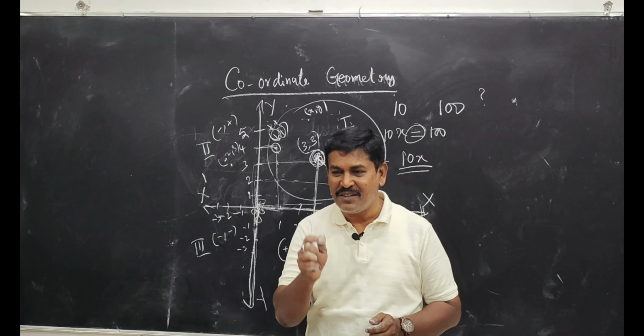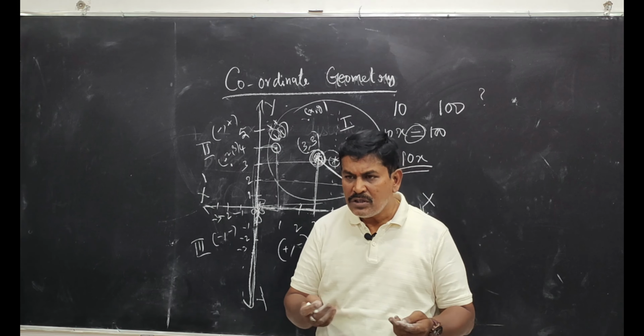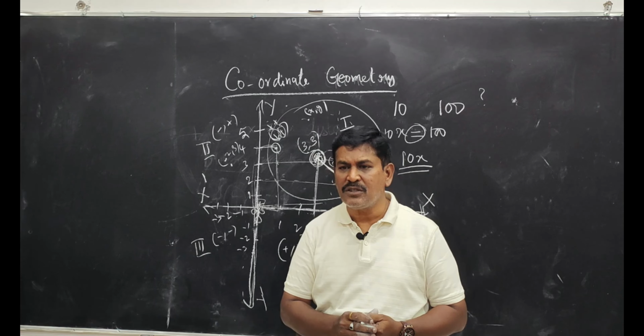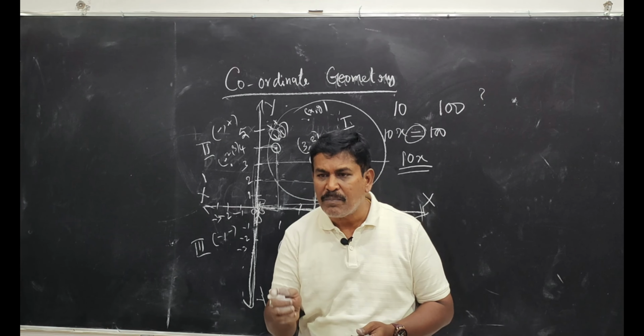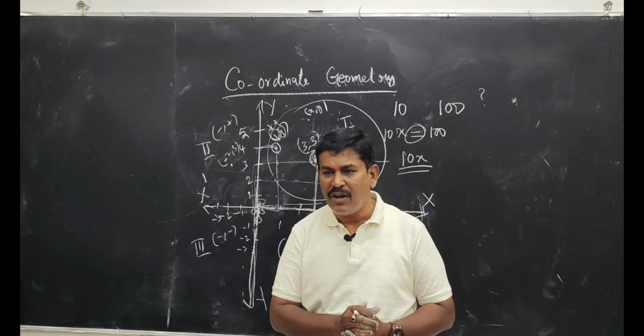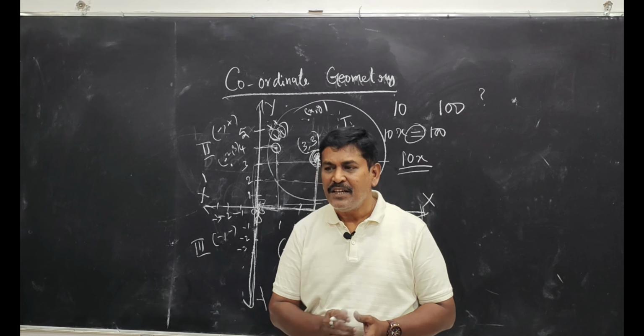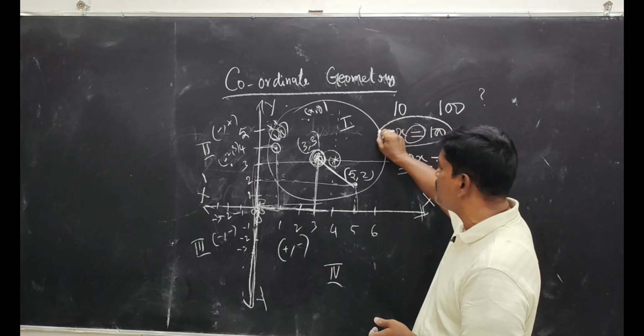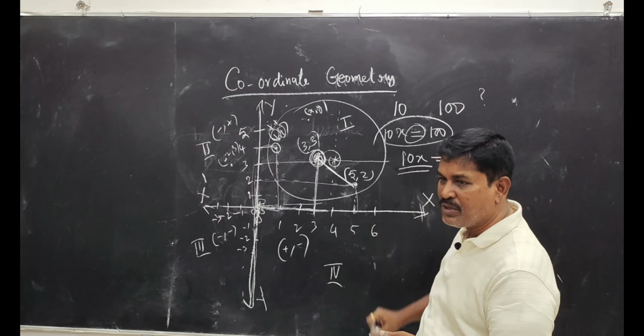How do you have to assign? What do you mean by 4 equal to 5? Can I tell that 4 equal to 5? Why? 4 is not equal to 5. Then 4x is equal to 5. What happens? You want to find the value of that particular x. If you tell that 10x is equal to 100, then you can talk about this. You cannot tell this is also an equation.